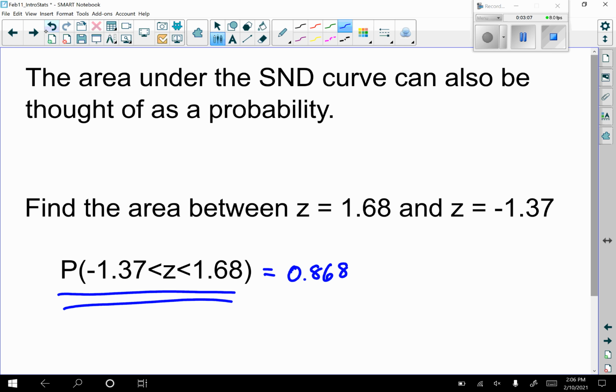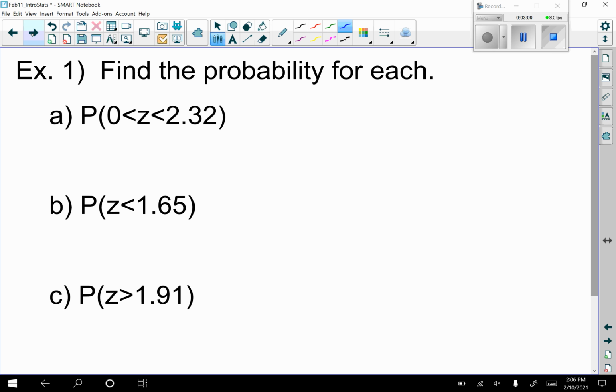All right, so I want you guys to try these next 3 examples. Again, instead of us being asked to find the area under the curve, to the left or to the right or between certain z values, now it's the probabilities here. So pause the video, go ahead and calculate those 3.